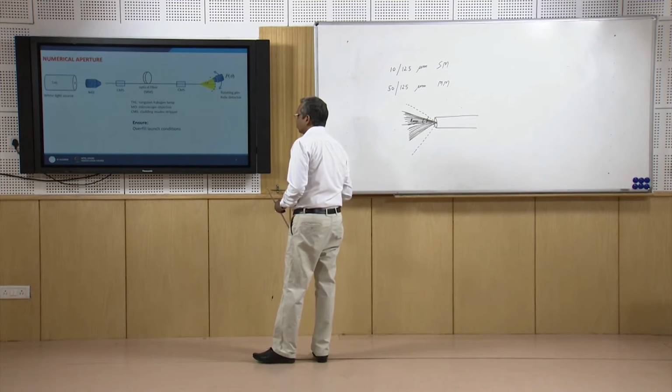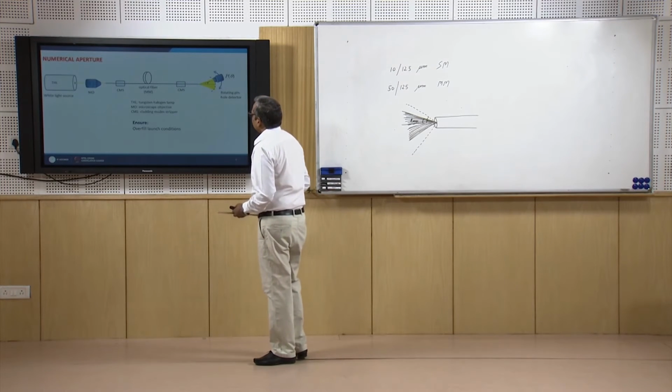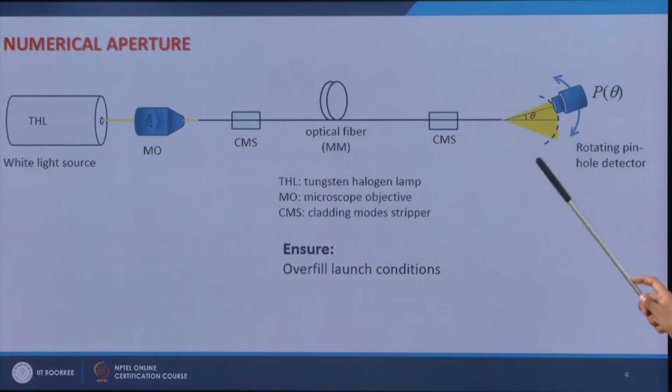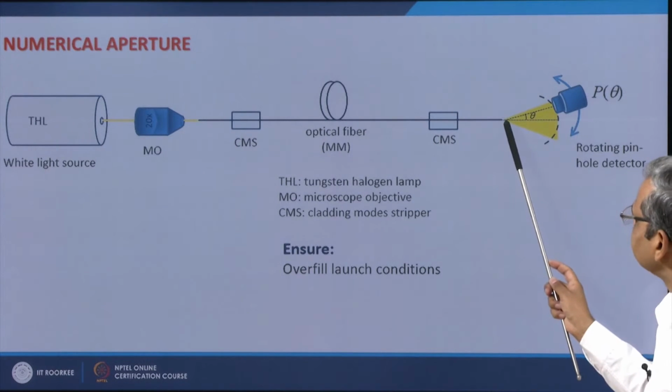So, we will have to ensure that. Now, what you do at the output end, the light emerges out in this cone and you put a detector on a rotating stage, which is rotating about this end of the fiber.